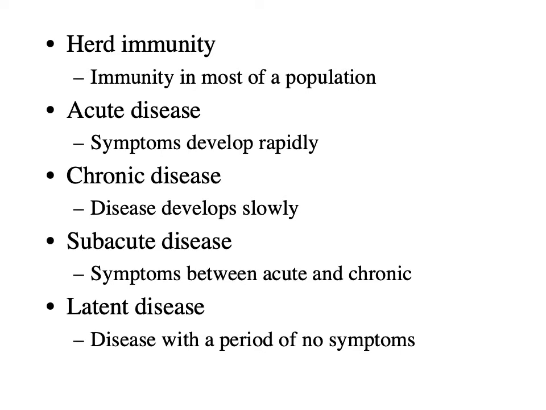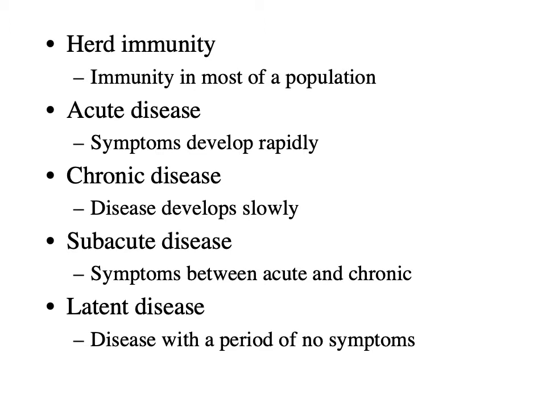Acute diseases, symptoms develop rapidly. It depends on the microbe. It could be 24 hours, like for stomach flu. It could be 21 days for things like measles. So just all over the map. Chronic disease, like cancer, is slow growing. We get latent diseases. I'm going to skip down to the bottom because that one's familiar. Latent disease, you'll have a period of no symptoms, but it's not developing, it's a pause.